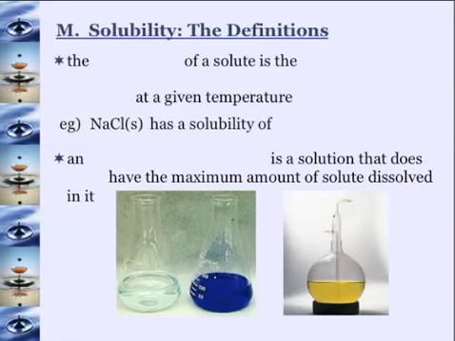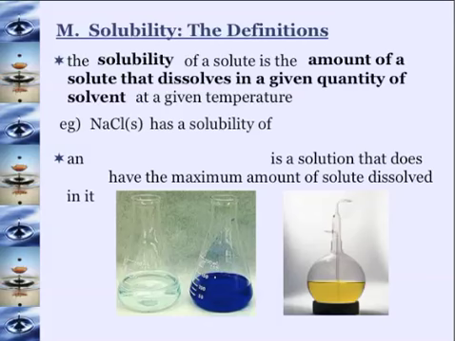Now, if we look here at solubility, these are definitions. The solubility of a solute is the amount of a solute that dissolves in a given quantity of solvent at a given temperature. So for example, sodium has a solubility of 36 grams per milliliter at 20 degrees Celsius.